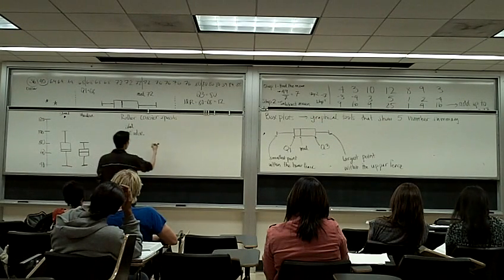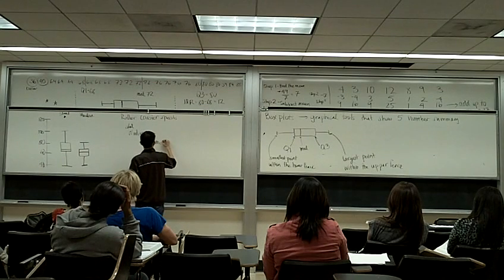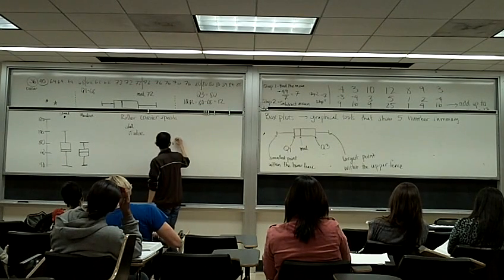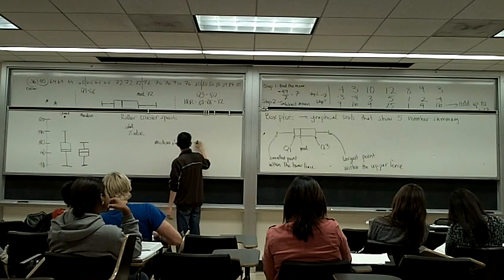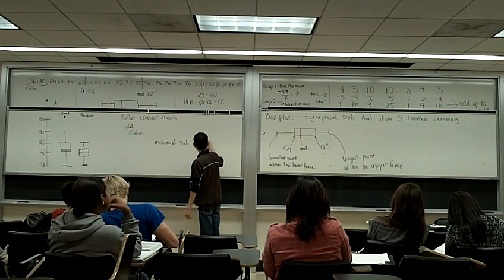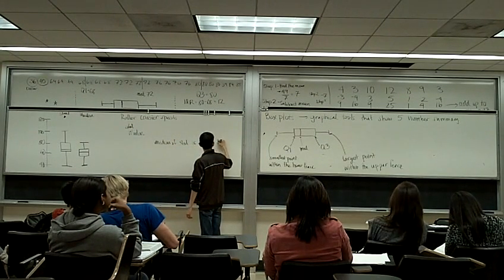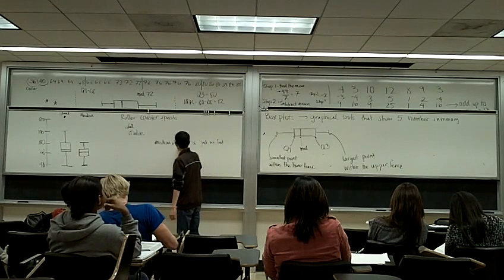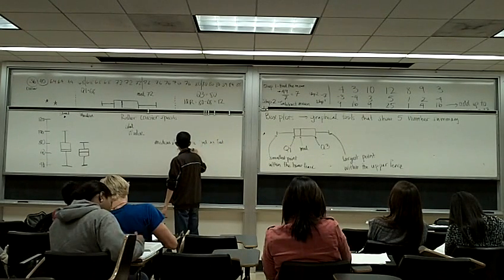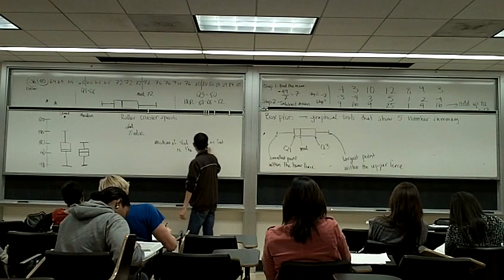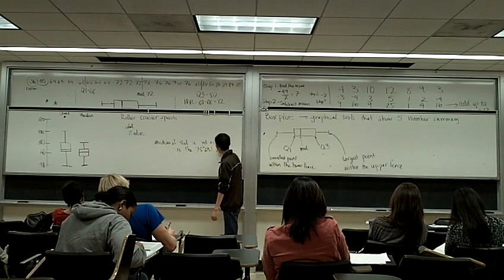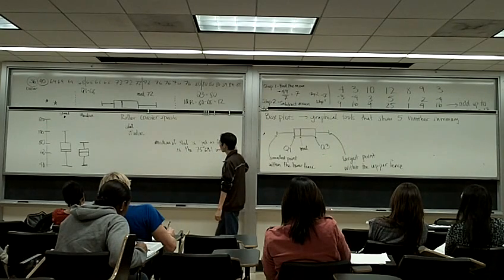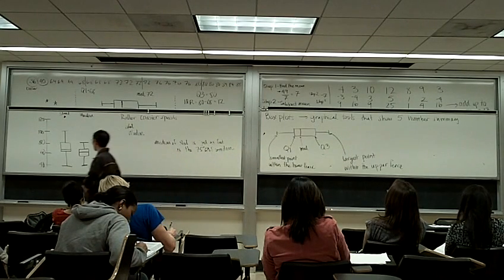So one thing we can point out is the median of steel roller coasters is just as fast as the 75th percentile of wooden roller coasters. Okay.